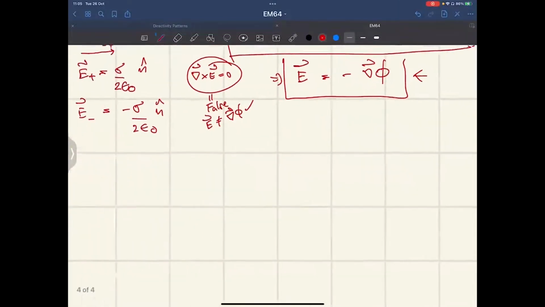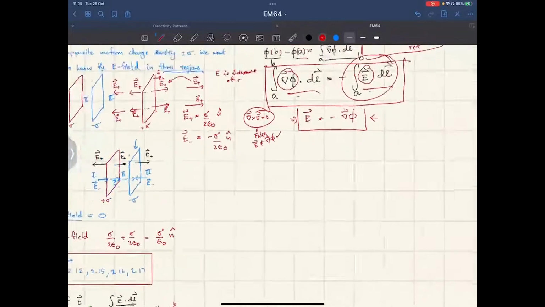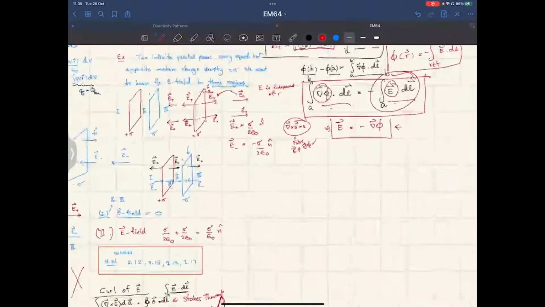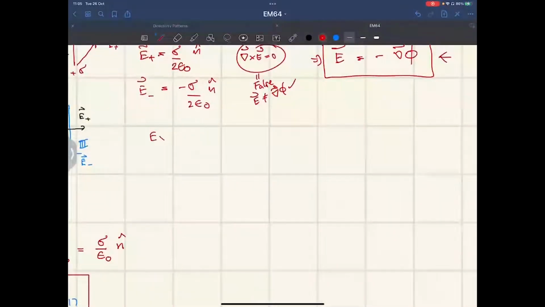Now let's check. Let's do an example. Example always fun to do. Okay. We have a sphere, the simplest form.